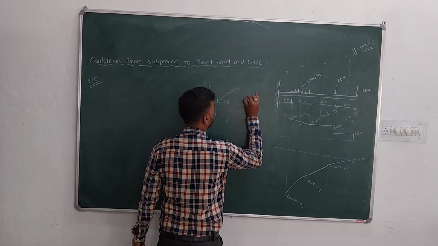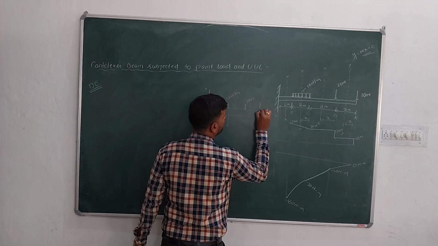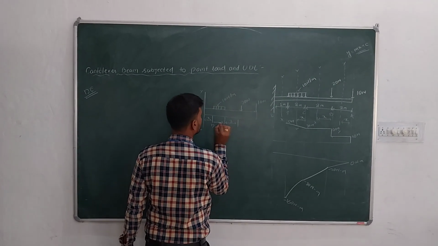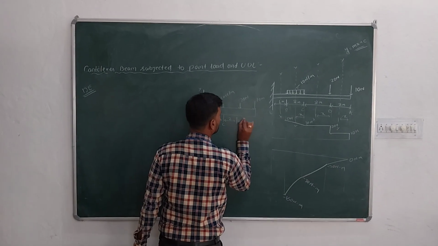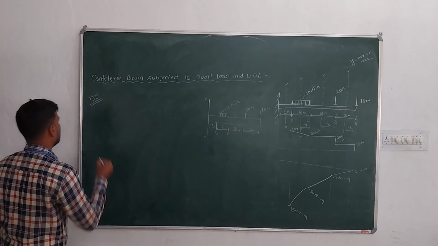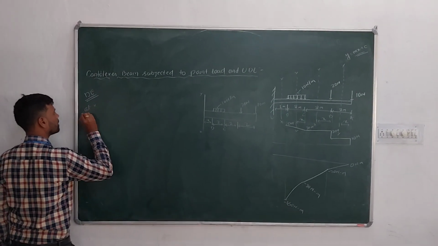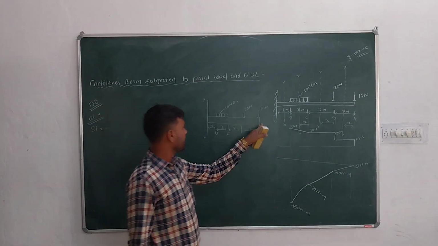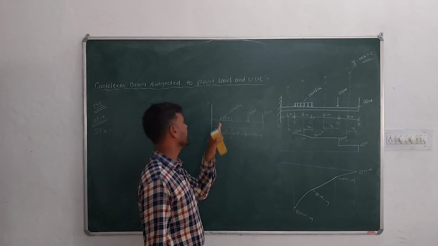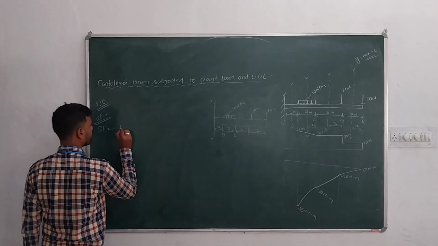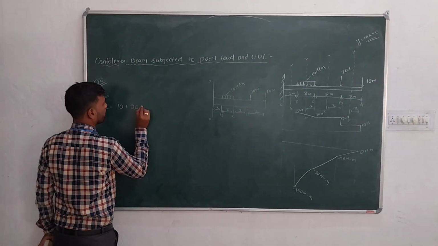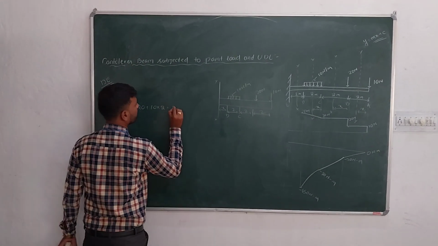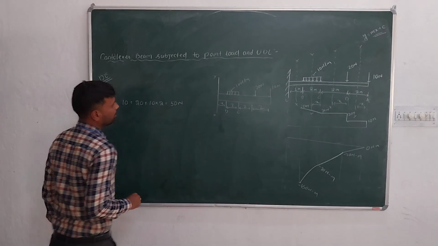This is 20 Newton and this is 10 Newton. This distance is 2, this is 2, this is 2. At XX, SF at X will be 10 plus 20 plus 10 into 2, that is 50 Newton.